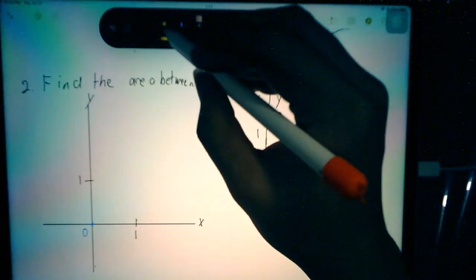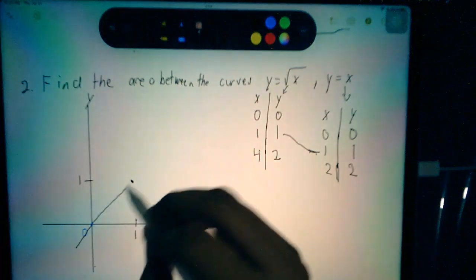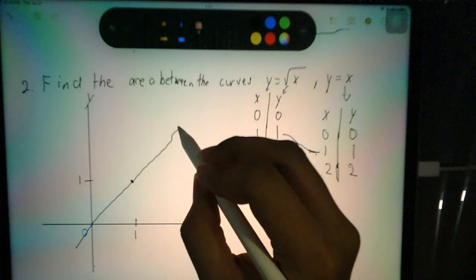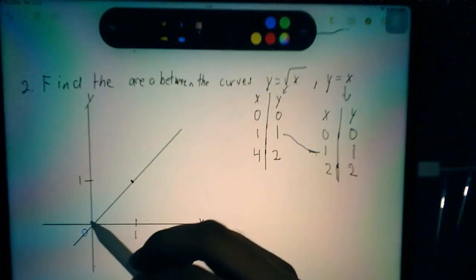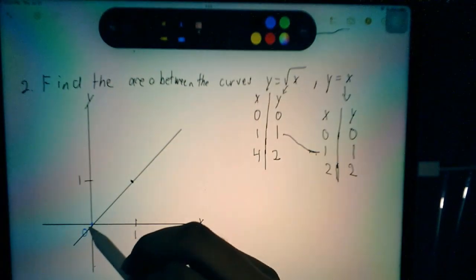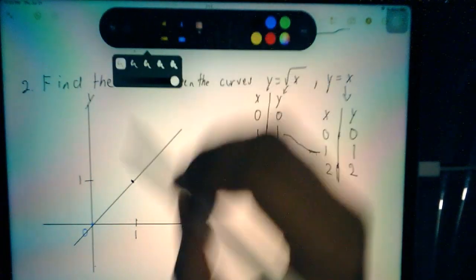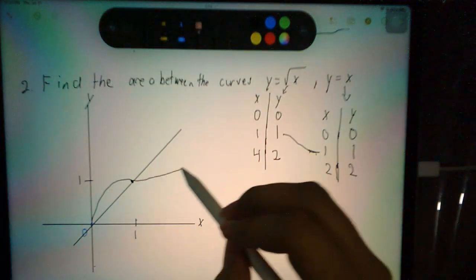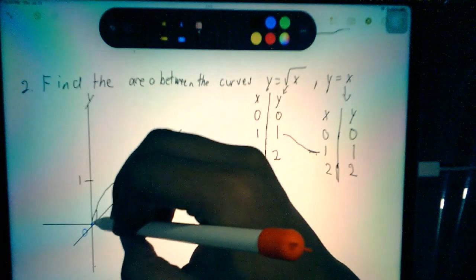Erasing it. Put here point of intersection. 1. Then we have a point here, so equals to 1. So our area of interest is here.